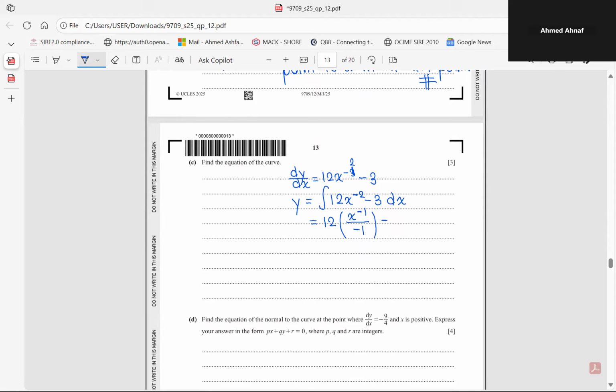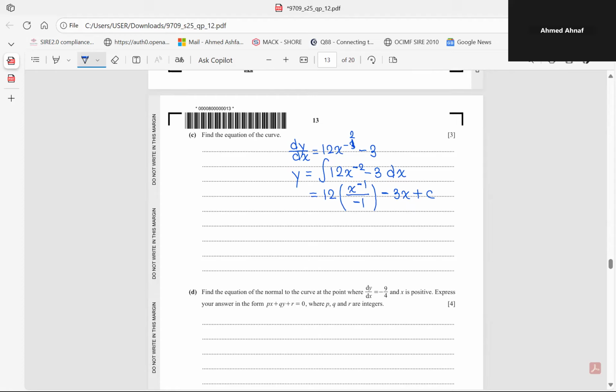And then minus the integral of 3. So that would just be 3x plus c. Okay, so simplifying this, we'll get 12 divided by -1, that's -12, and x to the power of -1, that's over x. So -12 over x minus 3x plus c.